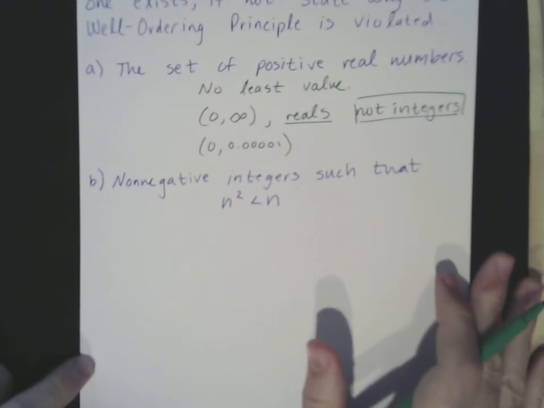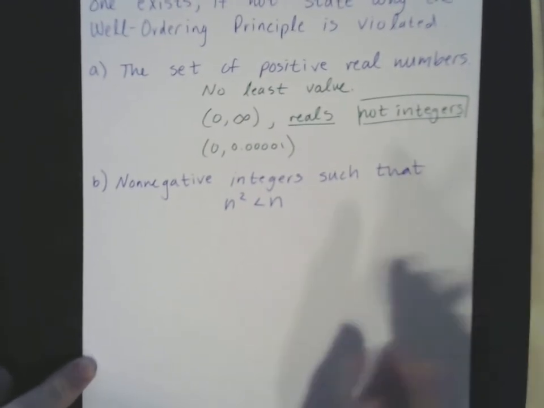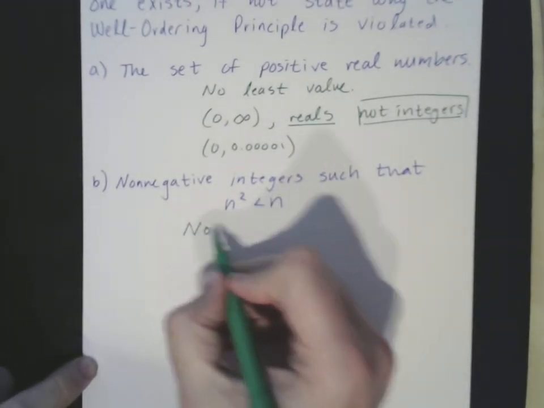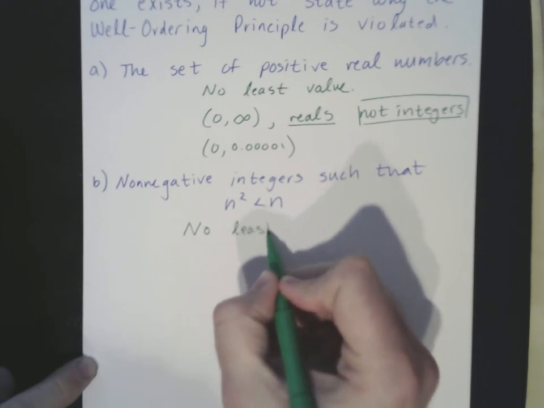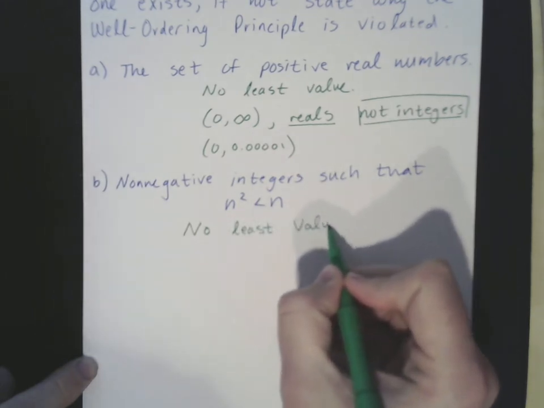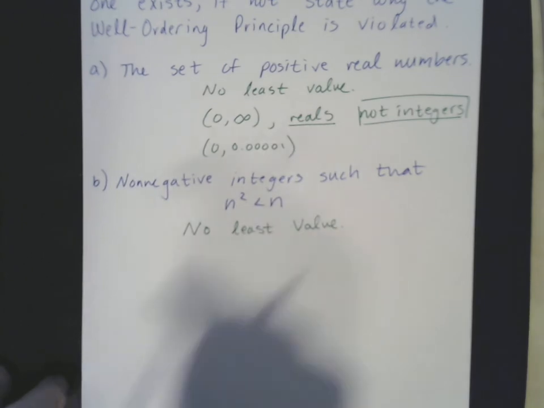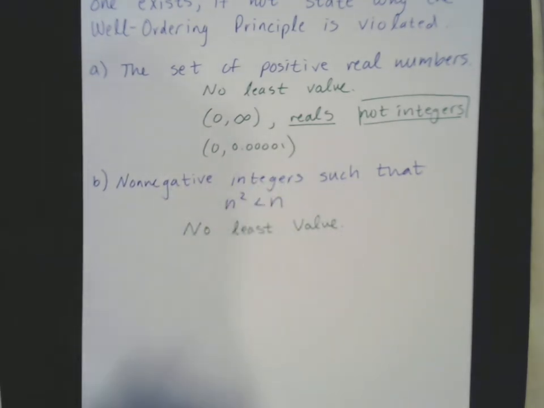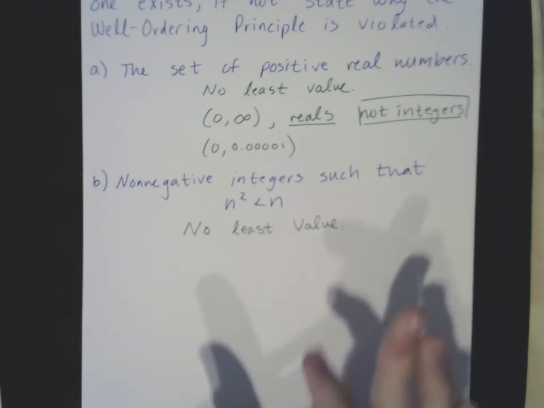So again, is there a least value in this? And the answer here, once again, is no. So you've seen the trick here. I fixed that here. It's definitely integers. So pause the video and think about why this would be the case. Why is there still no least value? And I'm going to tell you right now.